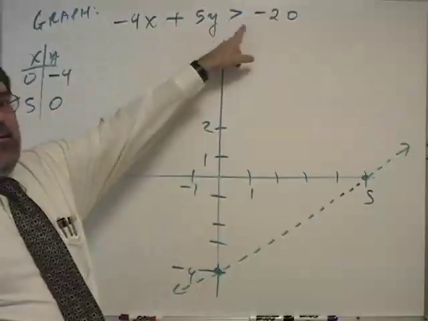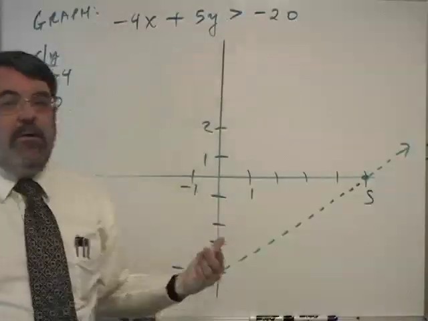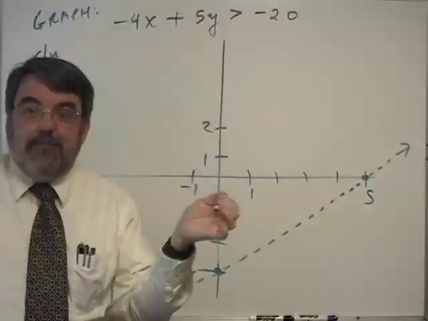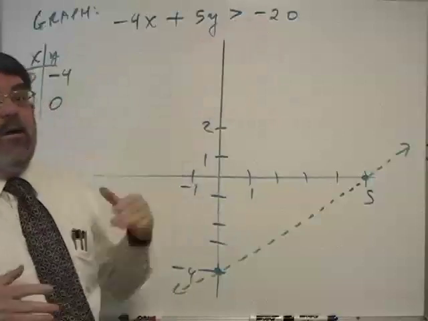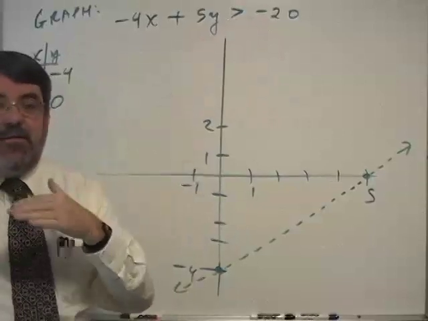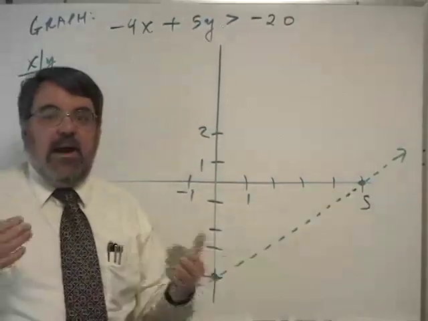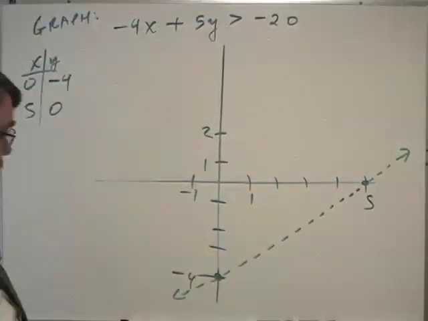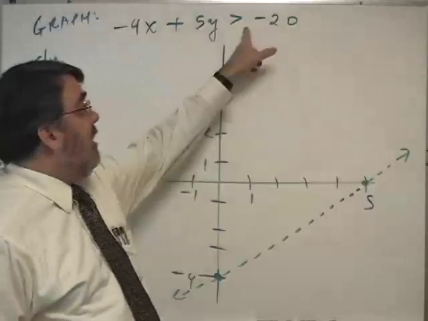If this read an equal to also, if it read greater than or equal to or less than or equal to, then we would use a solid line. But when it reads greater than, or if it reads less than without the equal to, then we do a dashed or dotted line.